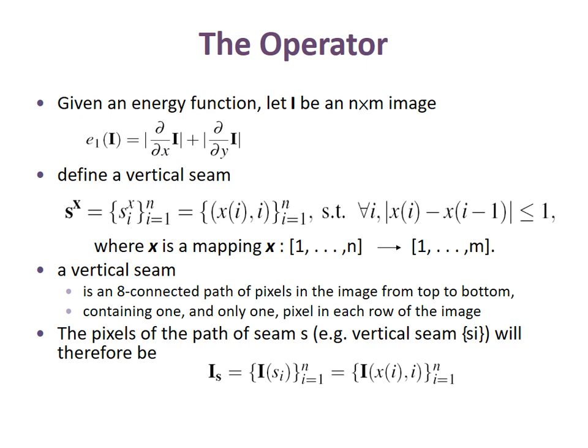Okay, so we have the constraint here because we hope the neighbor pixels, the distance will not be far. So x of i minus x of i minus 1, the distance should be less than or equal to 1. So very simple definition for vertical seam.